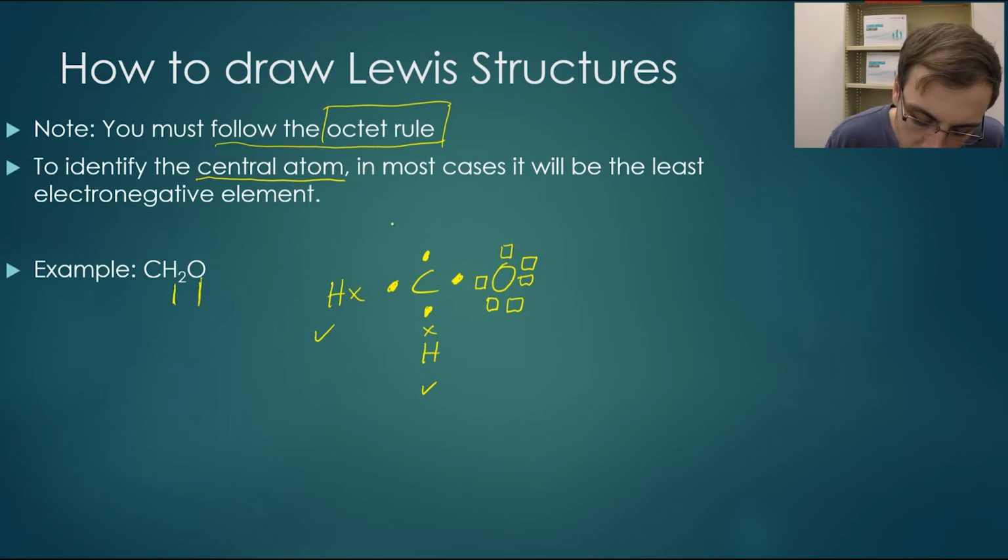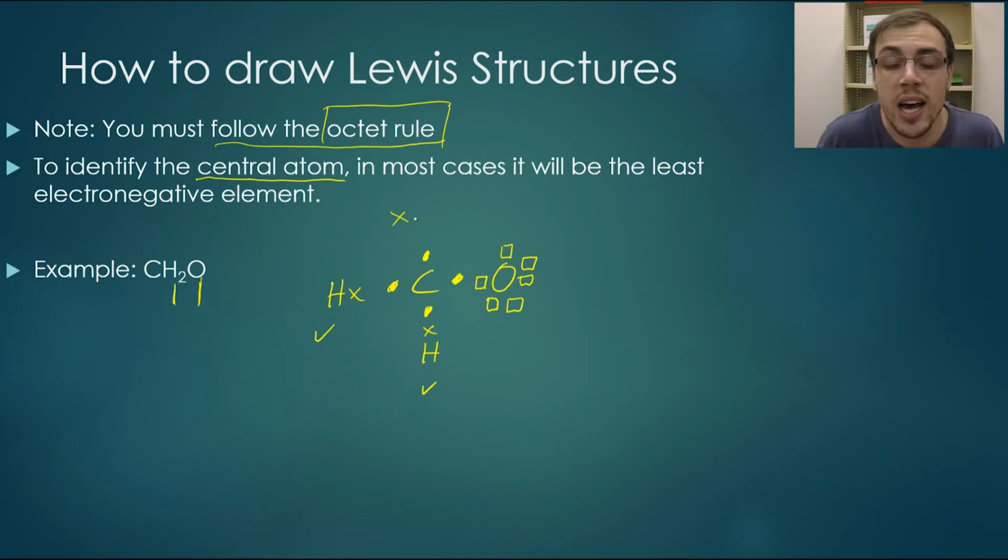Okay, so carbon is not happy because carbon only has 7 electrons in its outermost shell, not 8. Looking at oxygen, 1, 2, 3, 4, 5, 6, 7. Okay, so oxygen isn't happy either. So what this tells me is that both carbon and oxygen are an electron short.